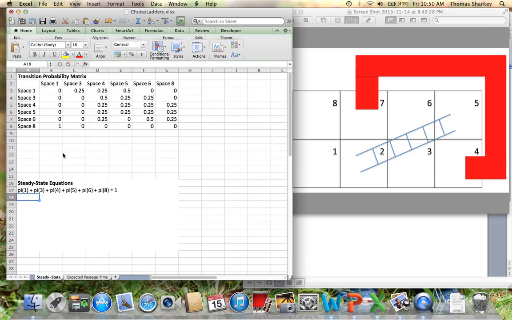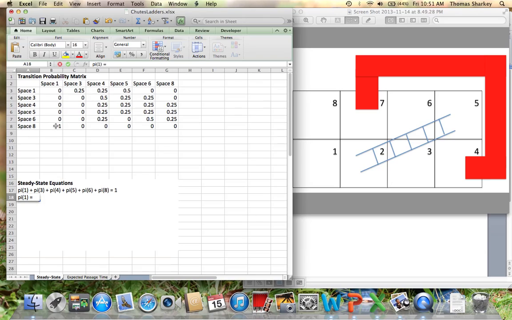Now we can look at, for each state, the equation associated with calculating its pi. So for state 1, pi of 1 has to equal, we're going to look at each entry in the column associated with space 1 and multiply the entry by the steady state probability of the state associated with the row.